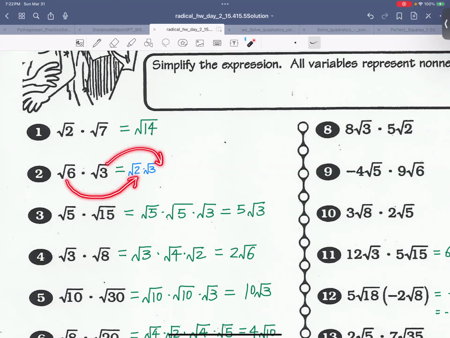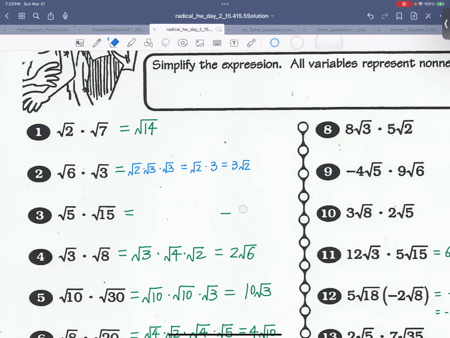And square root 3, you just copy down. When you have this thing repeat itself, you will take out 3. So this is 3 times square root 2. Most of the time we want to put this integer outside and in front. So that's what it is. Okay? Make sense?